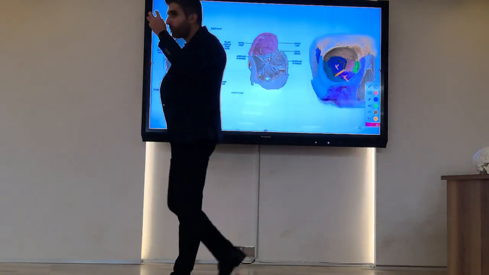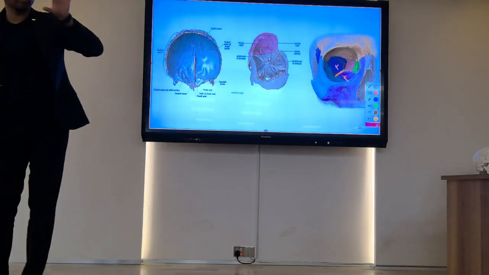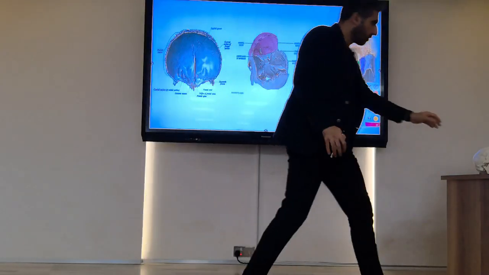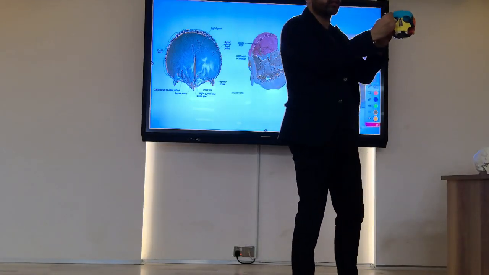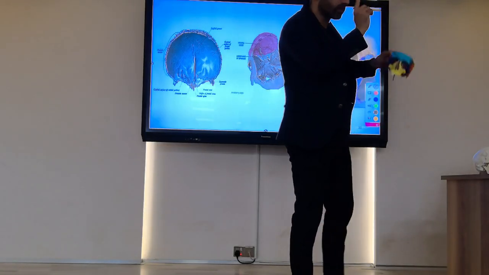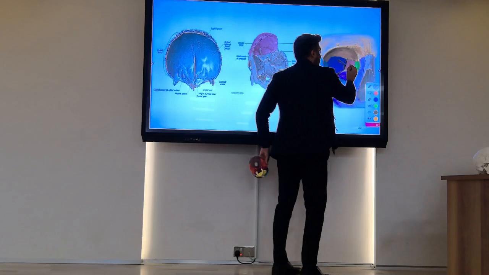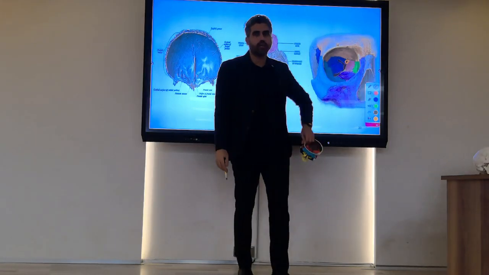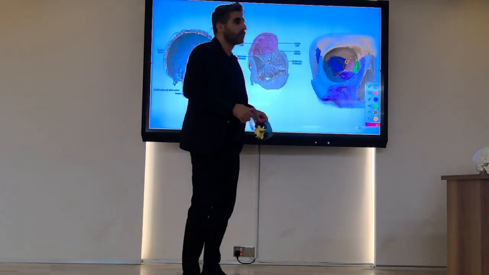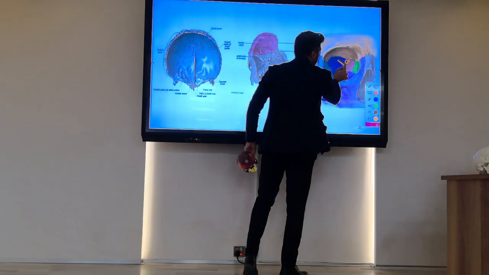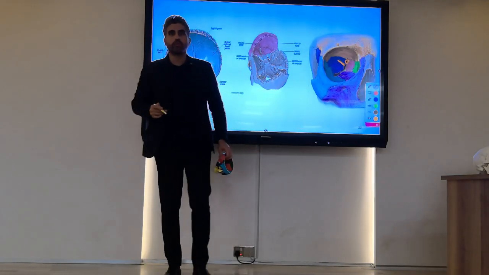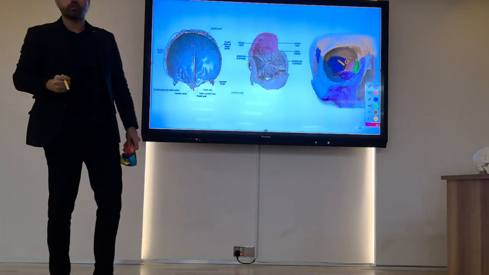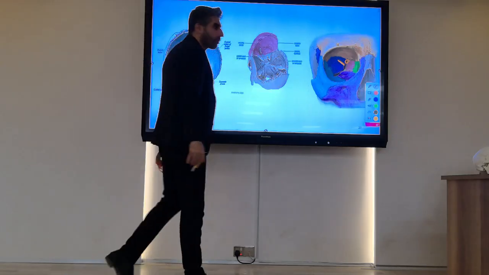So orbital cavity, it has 3 big connections. 1, optic canal, cranial nerve number 2 passing from here. 2, supraorbital fissure, cranial nerve number 3, 4, 6, and 1 part of the number 5 passing from here.